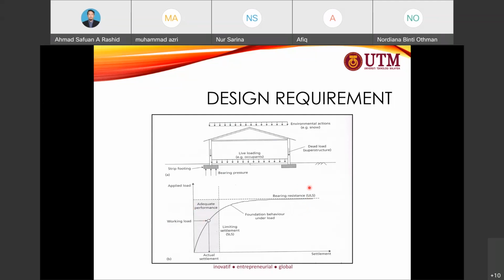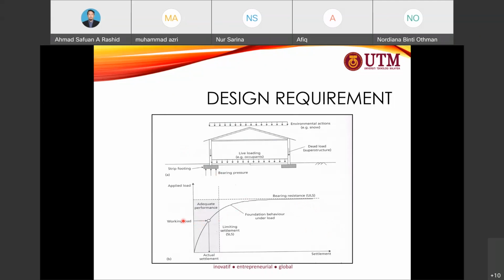So it means that it's very difficult for the soil to fail after being applied the working load value, unless we use a wrong value, then it can exceed the bearing resistance value, the ULS.